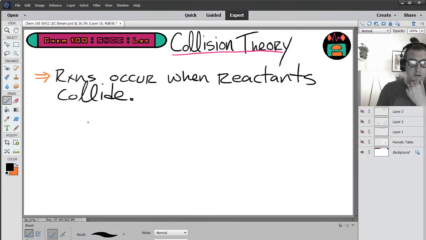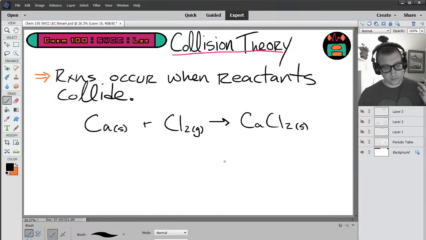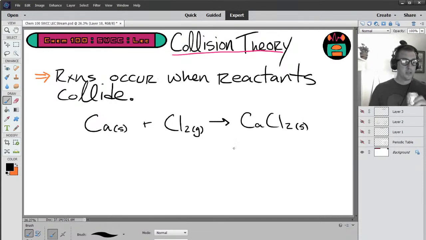If you consider, for example, the chemical reaction between solid calcium and chlorine gas that forms the ionic compound calcium chloride. So this is a combination reaction, example of a combination reaction.